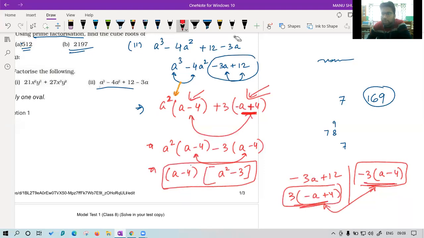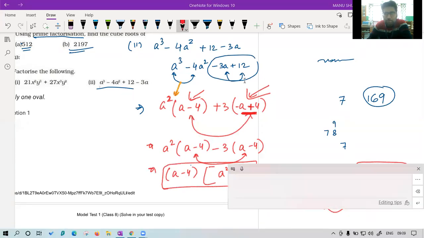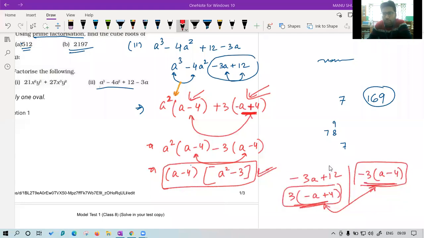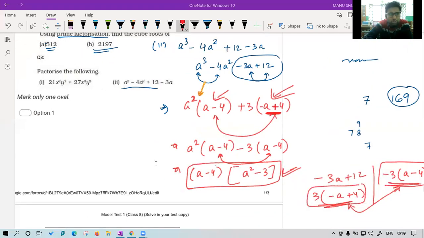And this is the answer. Have you all got this answer, class? Please confirm. Have you all got this answer? That's nice. Okay. Now the next question.